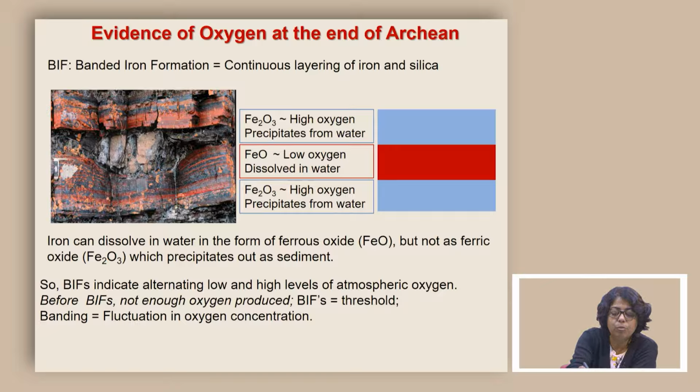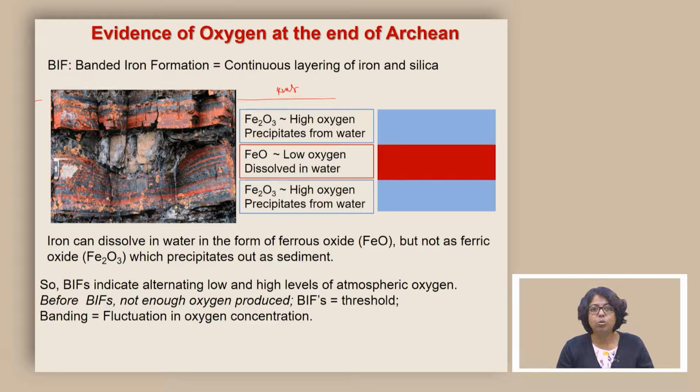These banded iron formations sometimes extend all the way for a few kilometers. So, it is a really large accumulation of iron and silica which are continuous, and from the laws of stratigraphy we know that if we are talking about continuous, that means all of them formed together.